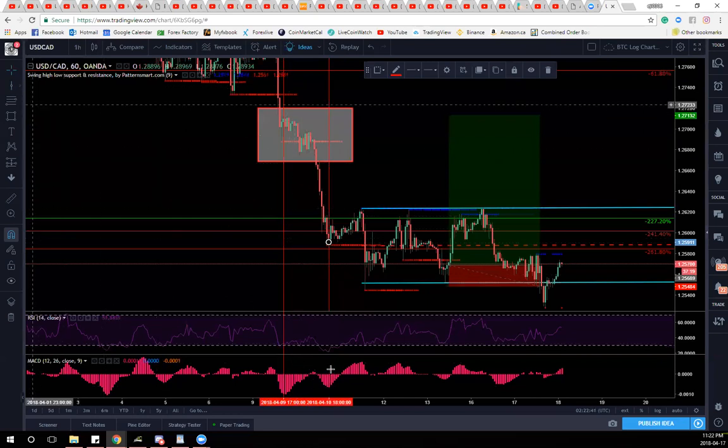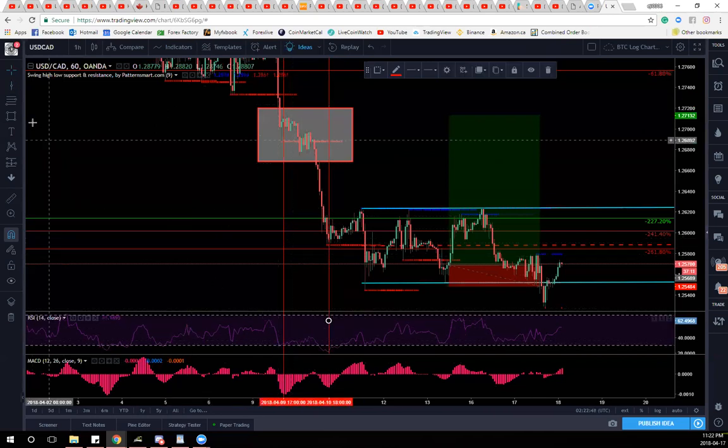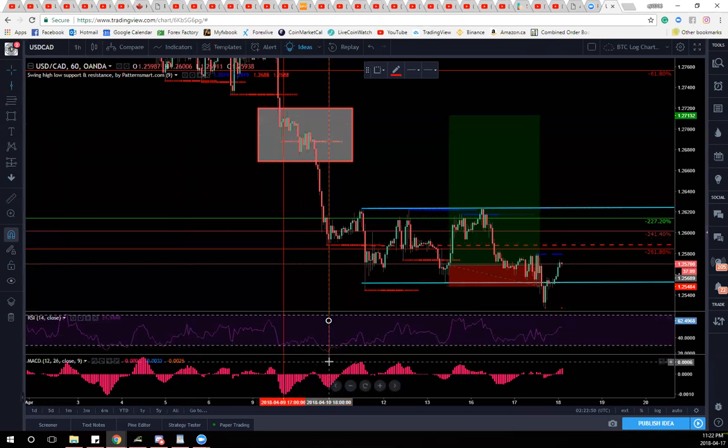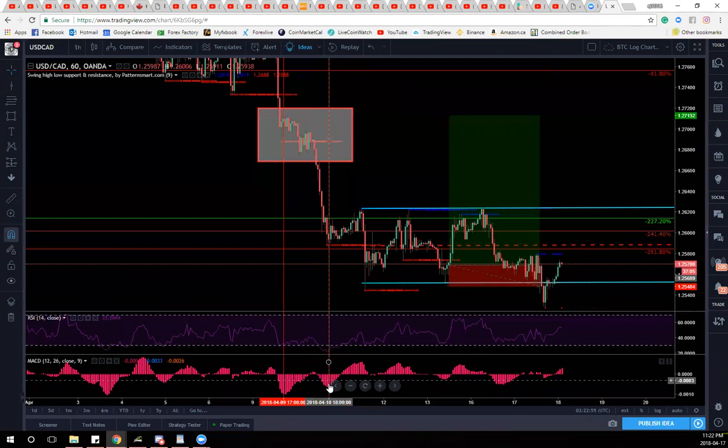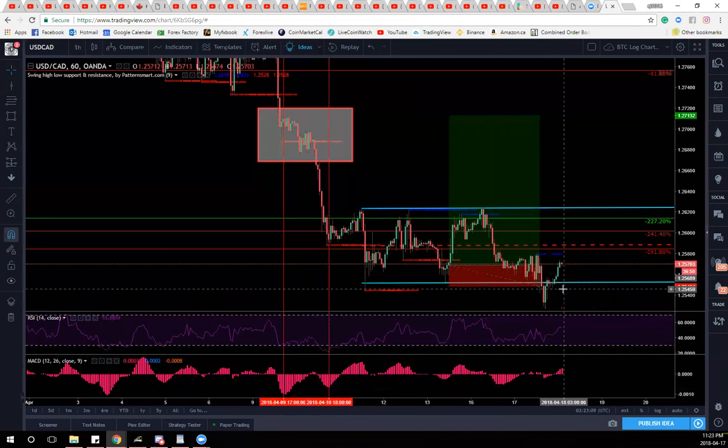And on my MACD, see how it lines up here with this hump? Well, clearly we're making a lower low on the price and we're making a higher low on the histogram, right? Do you see that one?